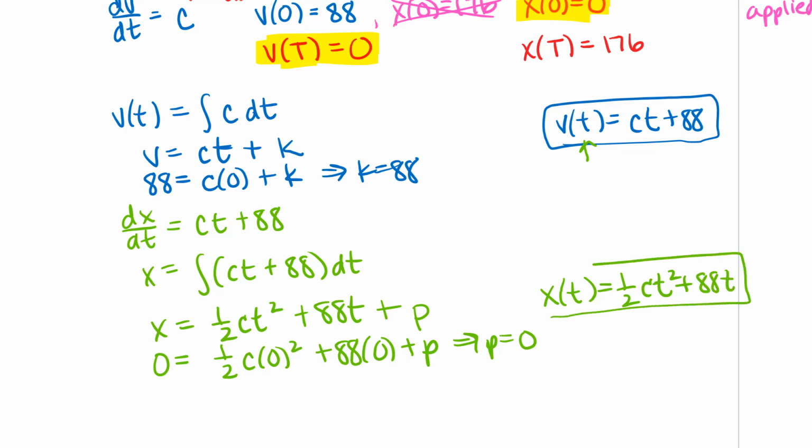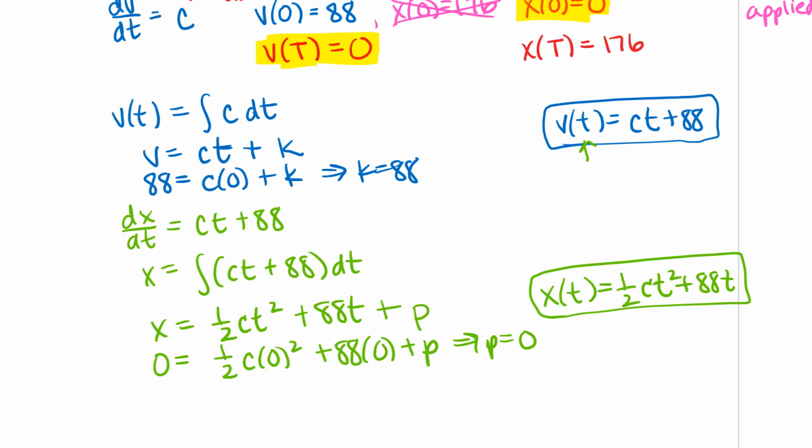So there is our position function. Okay, then the other pieces of information that I've got here is at this capital T, that is the ending time when the car stops, I've got velocity and position for that. So I can use those to find what is that capital value of t, and then the other thing it asks us to find, which is what is the value of c, the constant deceleration.